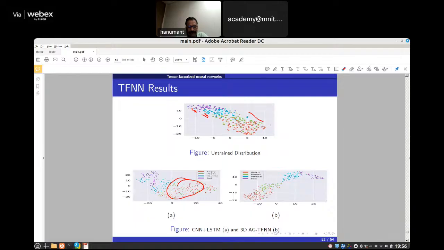Sad and neutral is not a very difficult problem, as is evident from the untrained data, and CNN LSTM is able to identify the differences. But please have a look here: angry and happy are totally intermixed with each other.